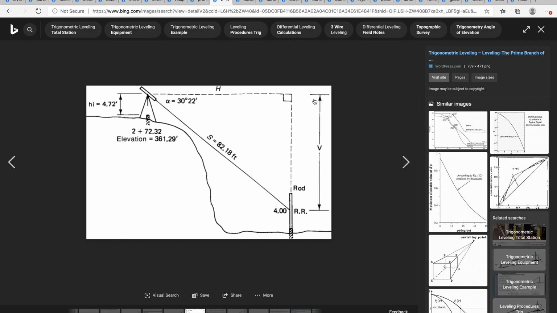Now, if you want to get the difference in elevation between the level of your instrument and the point where you are sighting, then I'll be using the sine function, opposite over hypotenuse.